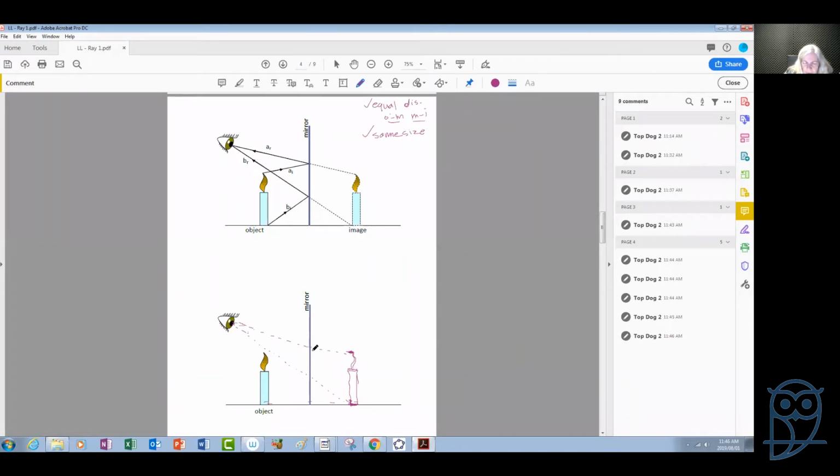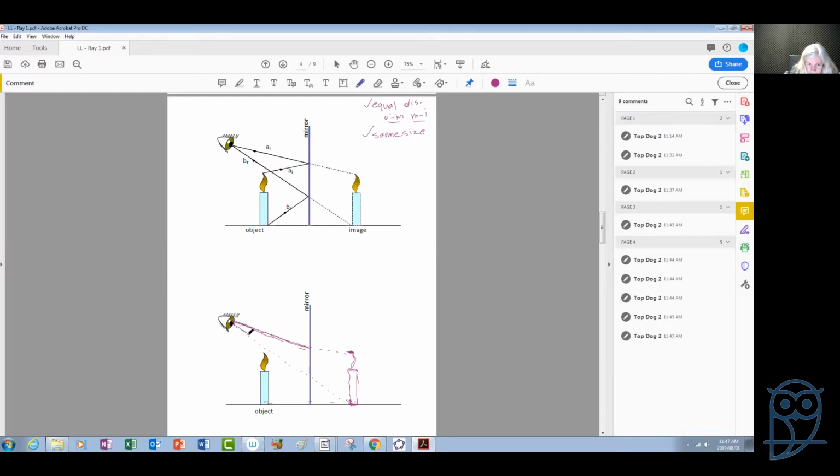Now, of course, we know that the mirror is an opaque object. The rays cannot go through this mirror. So we know that it is not possible that these rays are real, but nevertheless, we draw these lines first. Now, in front of the mirror, there can be light. So these lines in front of the mirror I can draw as solid lines, because these have to be real rays received by our eyes.